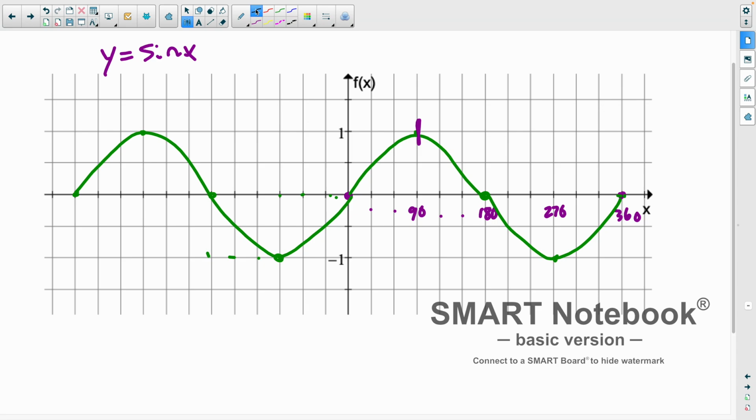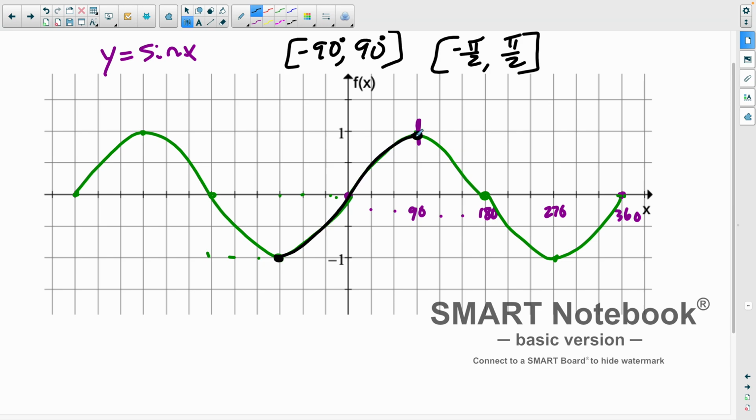So a sine graph, I'm going to restrict its domain. I'm going to restrict it from -90 to +90. Or if we're doing that in radians, it would be -pi/2 to pi/2. I'm going to restrict it there. So I'm only going to graph this part of it.